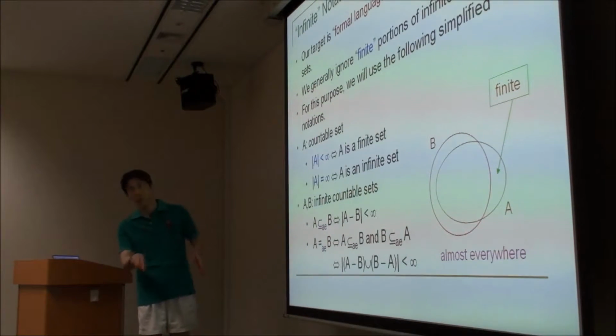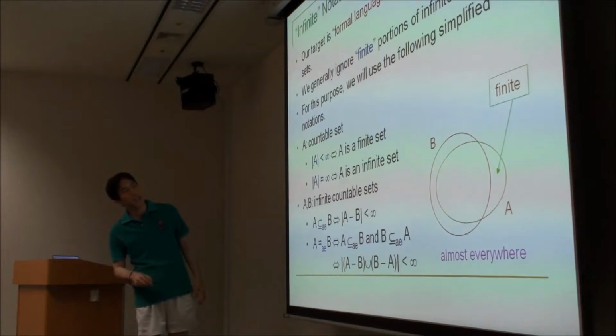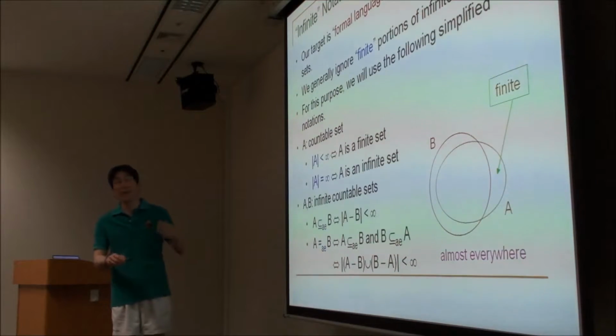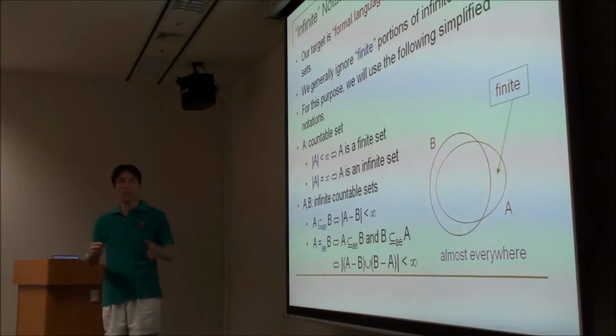This vertical line stands for the cardinality of the set. This notation says the set A is a finite set. Instead of this one, whenever equality is used, this means A is an infinite set. Because a language itself is a countable set, we don't need to worry about many different kinds of infinite sets.